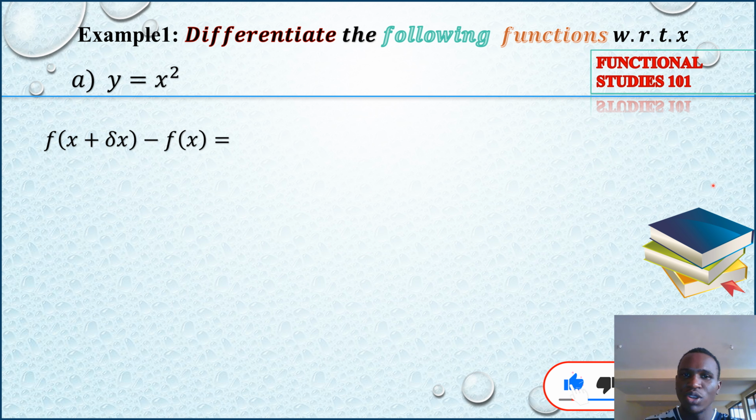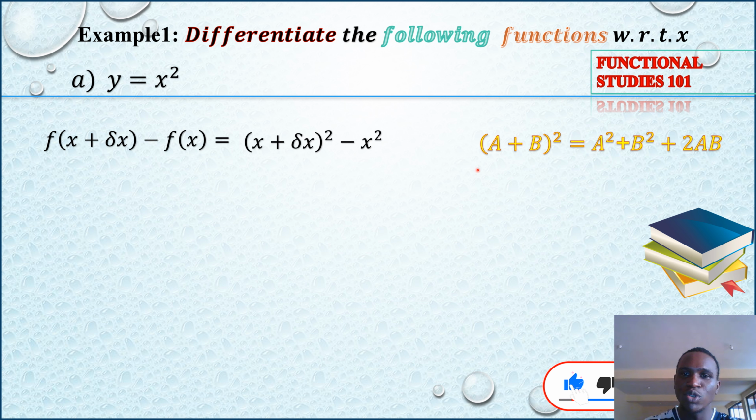So doing that, I'm going to have x plus delta x, all squared, minus f of x. What is f of x? It's the function that was given to you. I've just replaced, there is nothing new there. Now we have to recall this identity, the square of a sum.